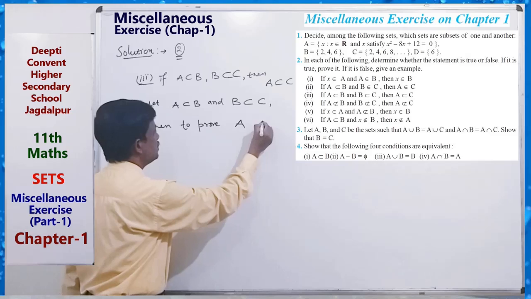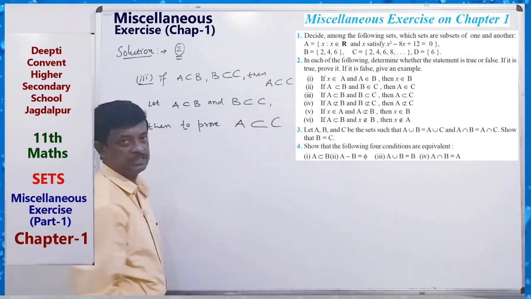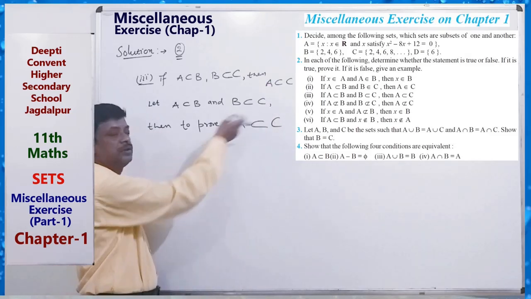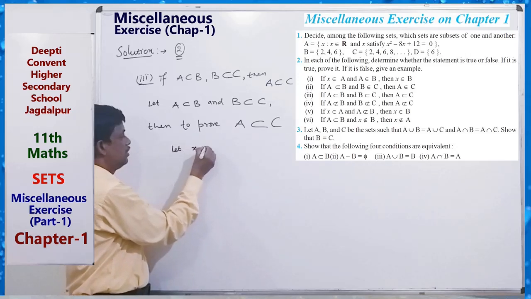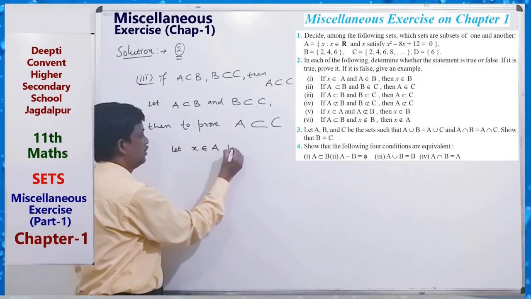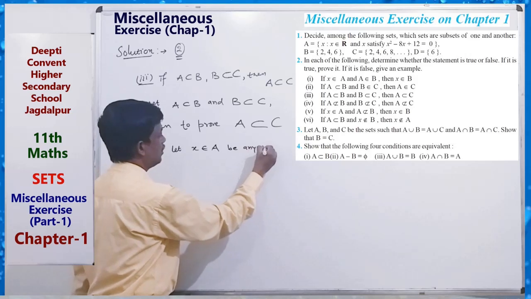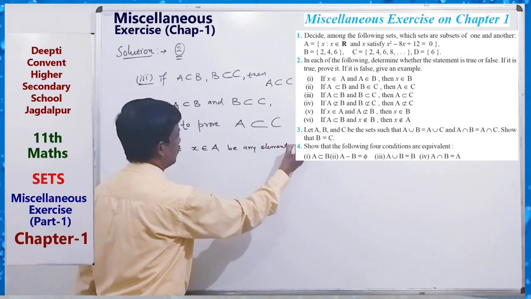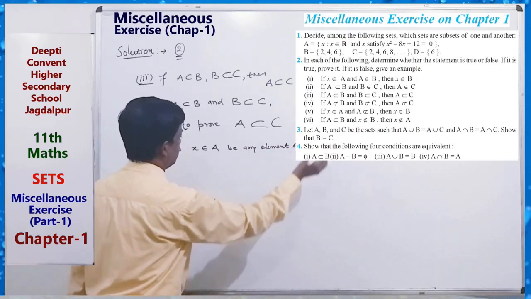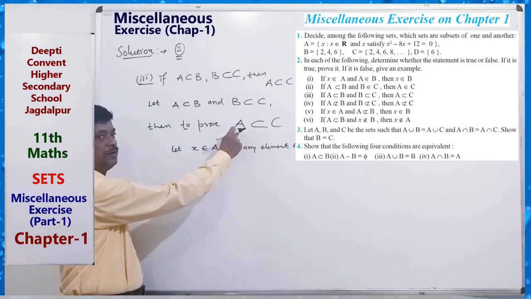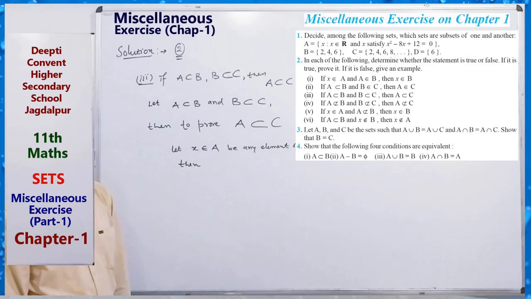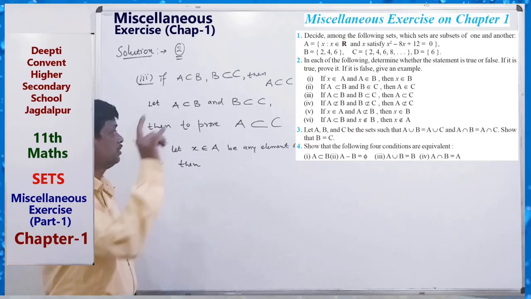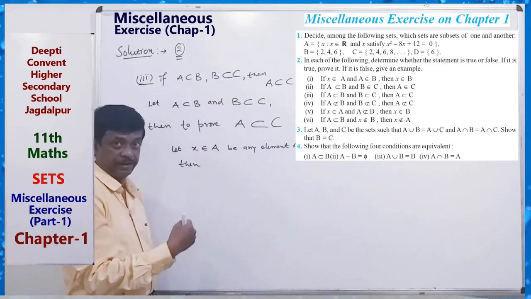To prove A subset C, we have to show that every element of A is an element of C. Let X belong to A, be any element of A. Clear? Any element of A. Then we have these two conditions given.